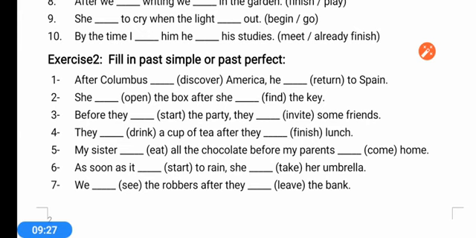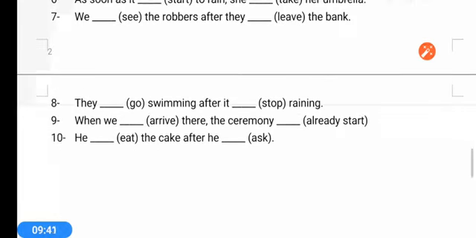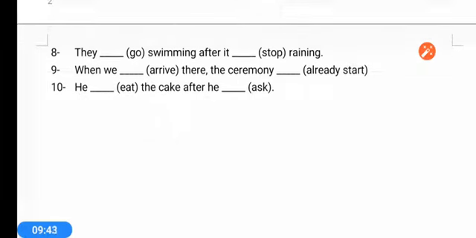For the verb, you only have to use had or the second form. Where you have to use had, and then where you have to use the second form. Again you have to identify which action took place first. So there are 7 questions here, and on the next page there are 2 questions: 3, 8, 9, 10. I hope you have understood.